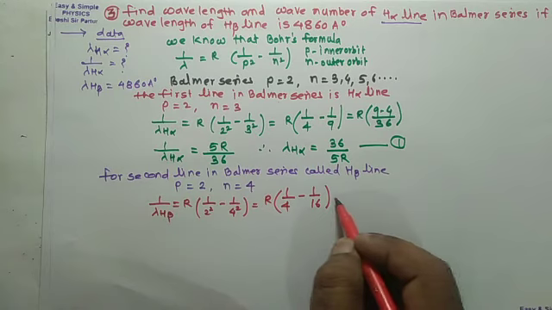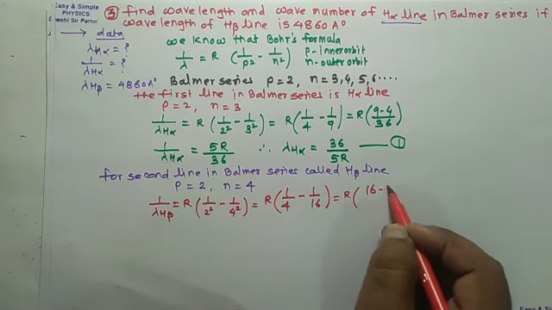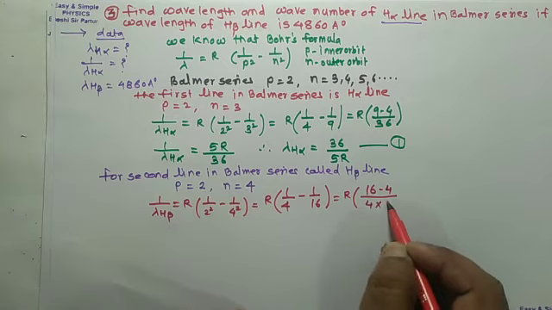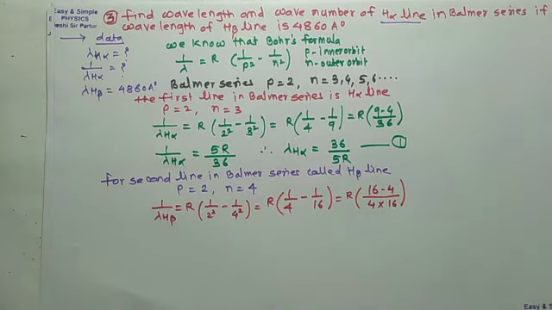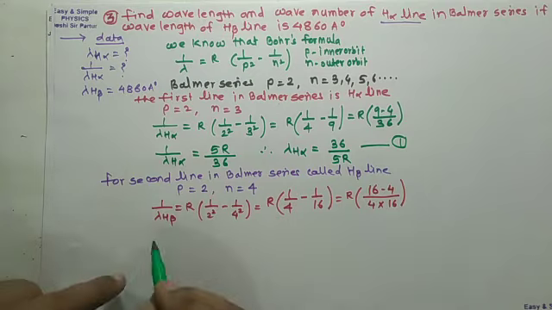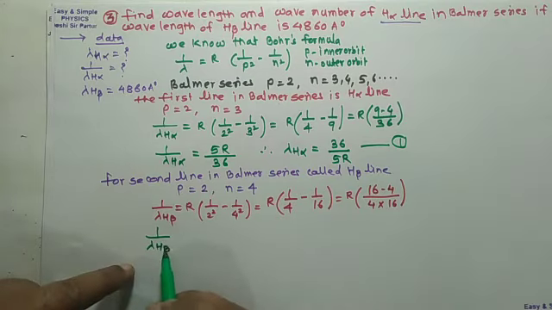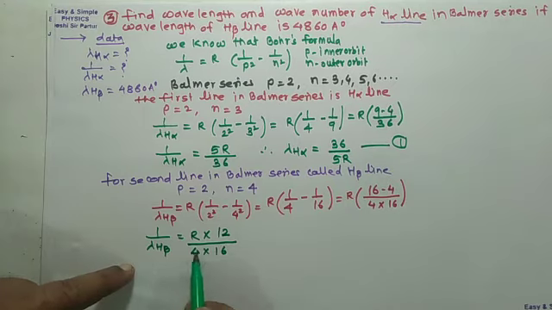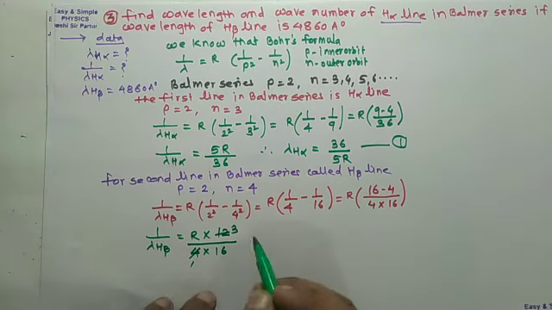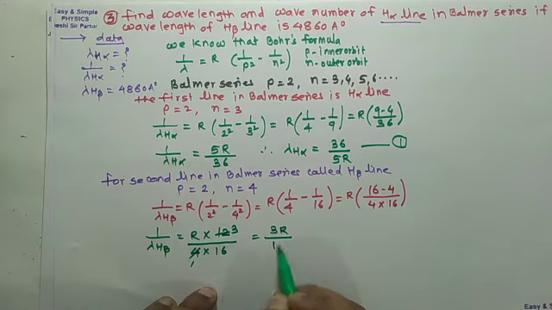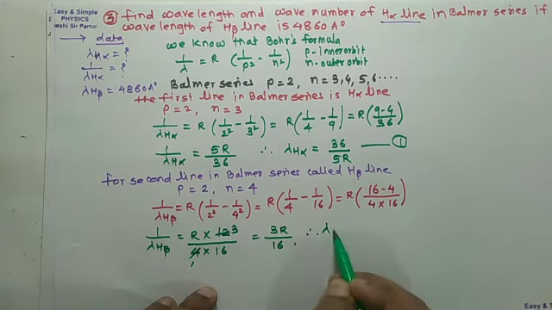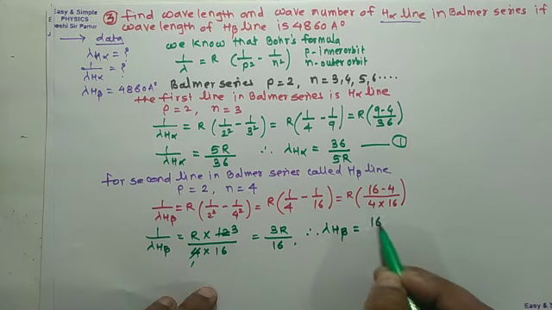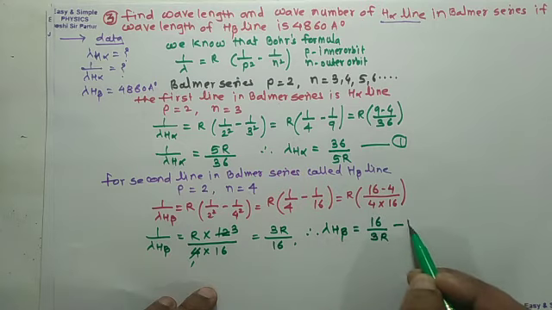Make cross multiplication: R in bracket 16 minus 4 divided by 4 multiplied by 16. So 1 upon lambda H beta is equal to R multiplied by 12 divided by 4 multiplied by 16. 4 ones are 4, 4 threes are 12. So it will be 3R upon 16. Therefore lambda H beta is equal to 16 divided by 3R, equation number 2.